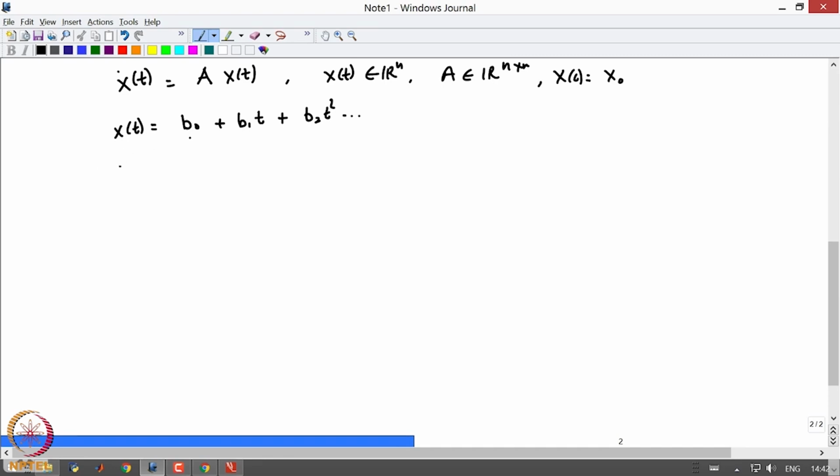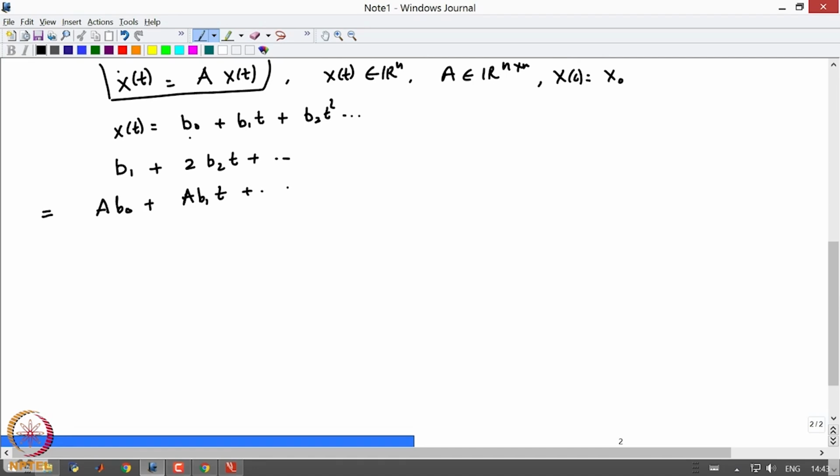I differentiate this and substitute the value of x into the given differential equation. So, the first term will be b 1 plus twice b 2 t and so on. On the right hand side I will have a times b naught plus a b 1 times t and so on.